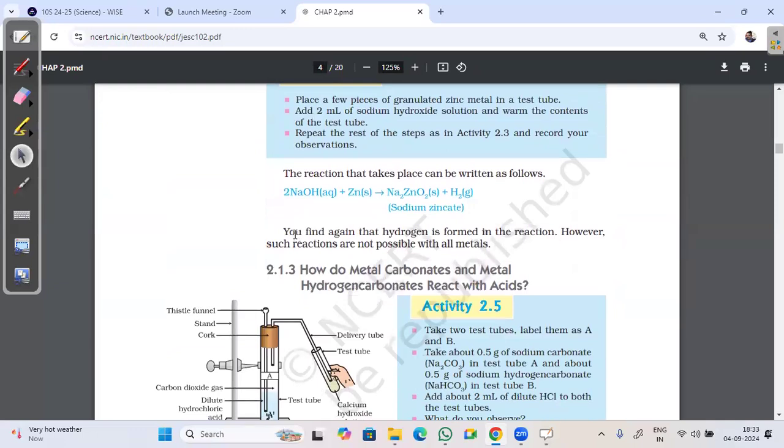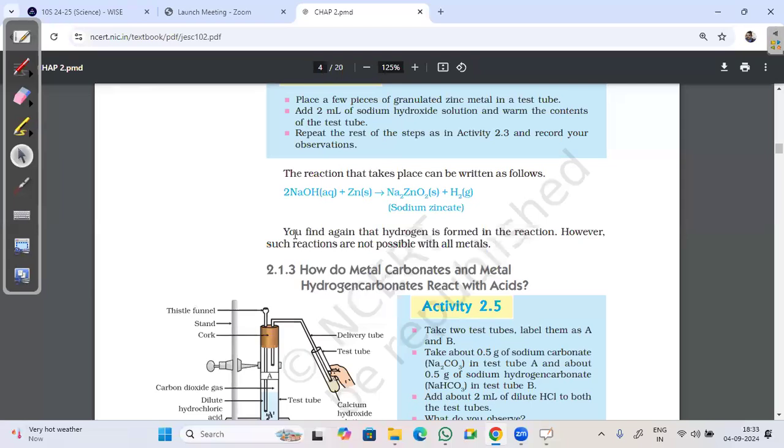Now, the reaction that takes place can also be written as this one. This one is a reaction of a base with metal. Do bases also give hydrogen gas when they react with metals?